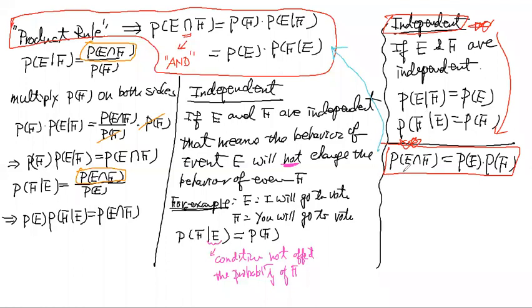Okay, so now let's take a look at some examples about conditional probabilities. The important formulas for this page are here. First, you need to know the product rule, which you use to find the intersection based on the conditional probability.